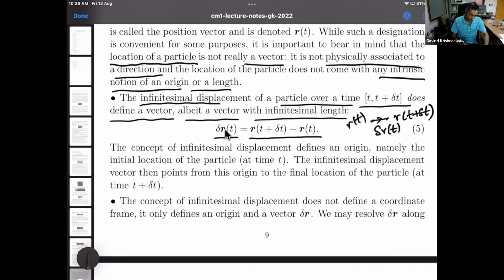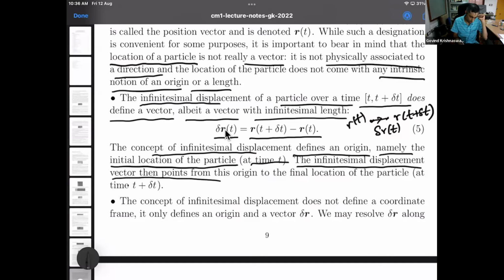Now the concept of infinitesimal displacement does define a notion of origin, namely the initial location of the particle at time t. That is a physically well-defined concept, the initial location, so that you can choose as the origin. And the infinitesimal displacement vector then points from this origin to the location of the particle at time t plus delta t.